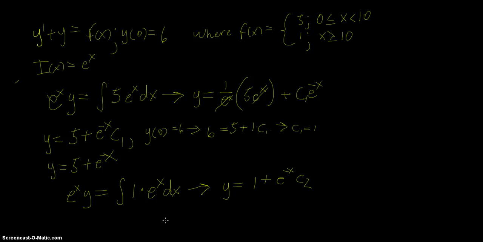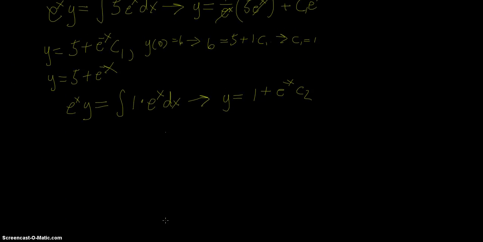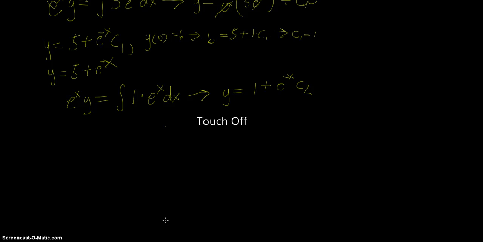Now let's scroll down a little bit. Now we have our IVP because we want to solve for c2, and that IVP is when x is equal to 10 exactly.